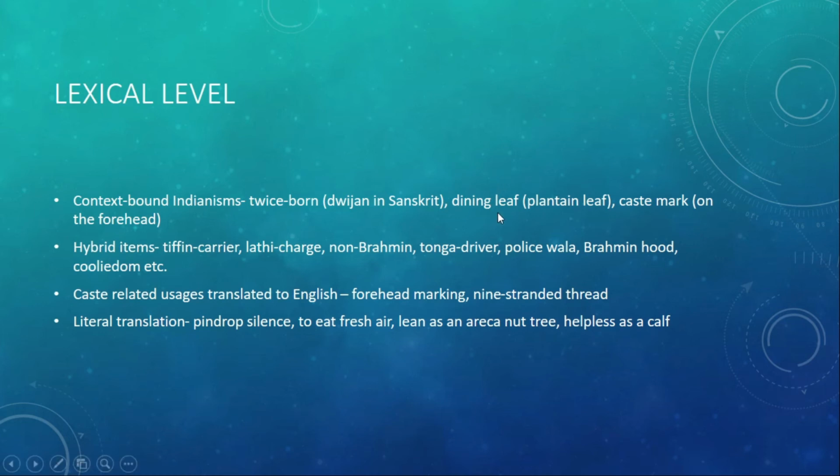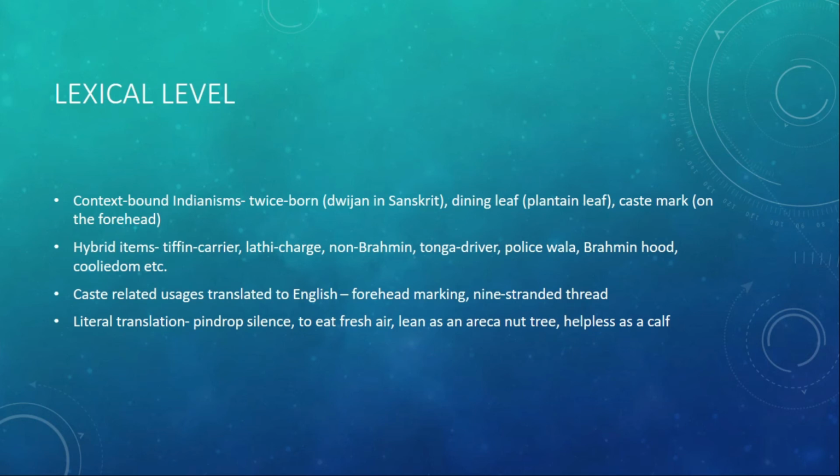Again, dining leaf: in some parts of India, we have a tendency to eat on a plantain leaf. That is called dining leaf in English, but this usage is only existent in Indian English. And caste mark, the mark you make on the forehead with sandalwood paste or saffron or something, is called a caste mark. So these are all Indianisms. It is based on the context.